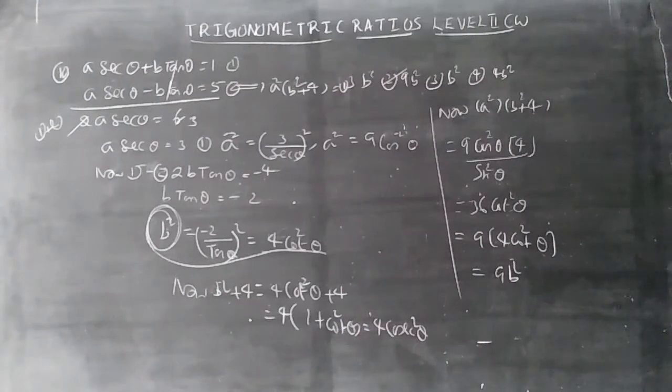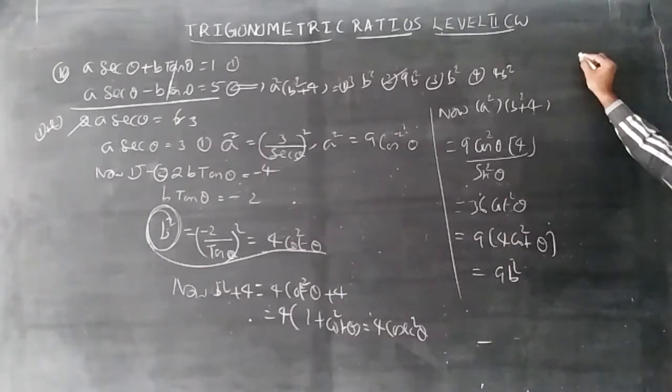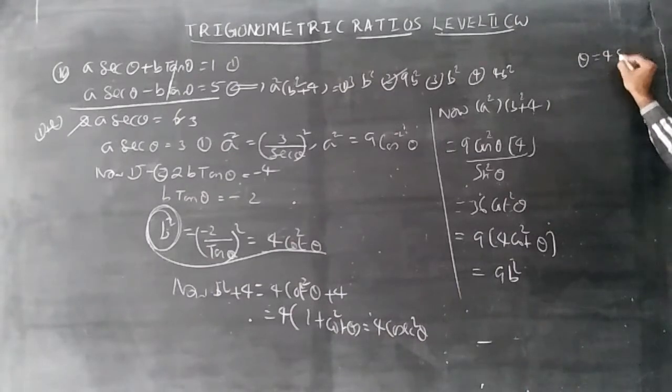Maybe it became lengthy. If we put a shortcut, if it becomes easy, then put theta equal to 45.